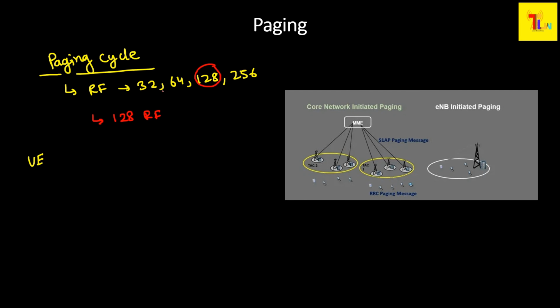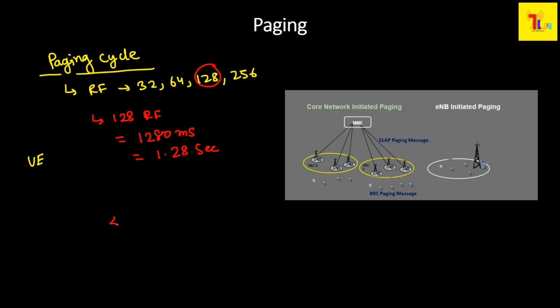So if you convert this 128 radio frames, it will be 1280 milliseconds, and in seconds it is 1.28 seconds. So what exactly is the paging cycle telling us? It means the UE will wake up after every 1.28 seconds.